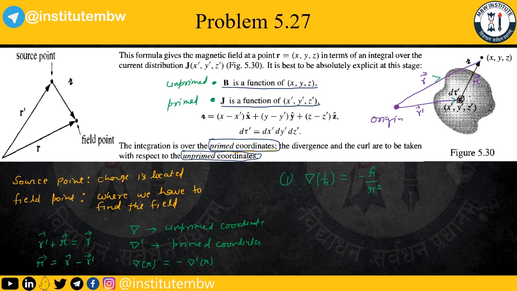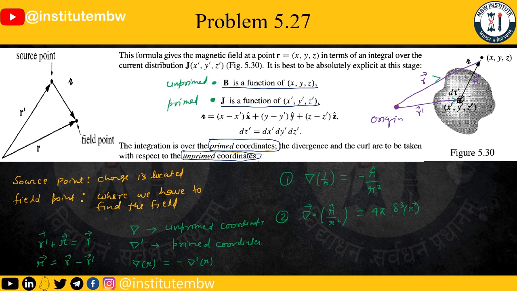Second, the divergence of r vector over r square is equal to 4 pi delta of r vector.